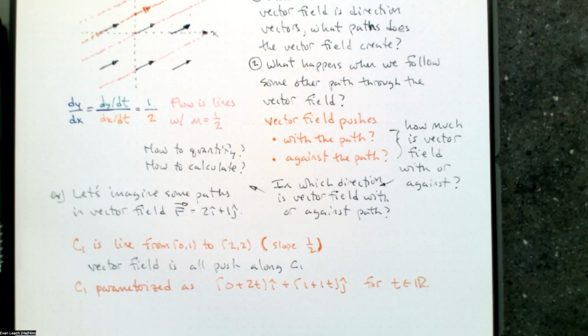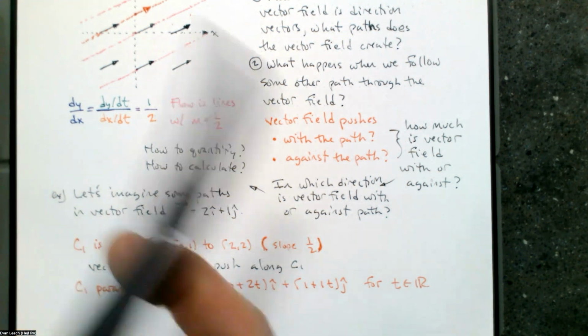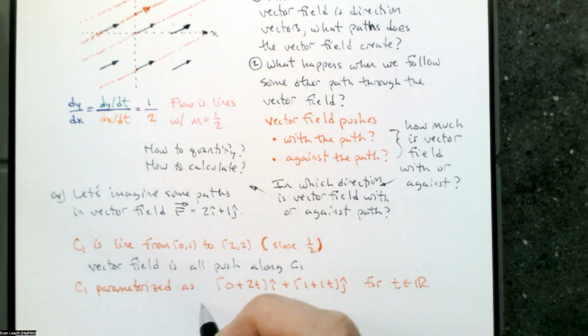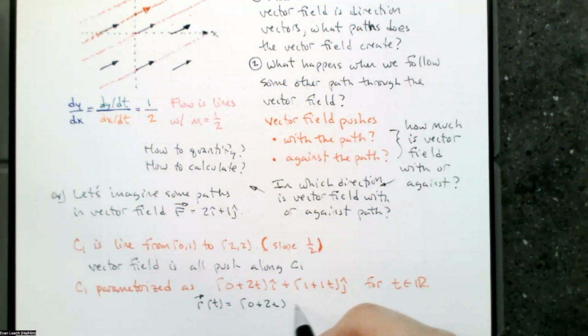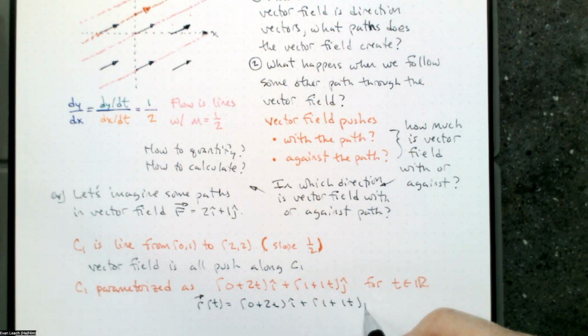So we can parameterize this as some starting point. We're starting at the point 0, 1, and we are going in the direction of 2i plus 1j. That's what's going to happen in this curve. I might say this is r of t is 0 plus 2t i plus 1 plus 1t j.